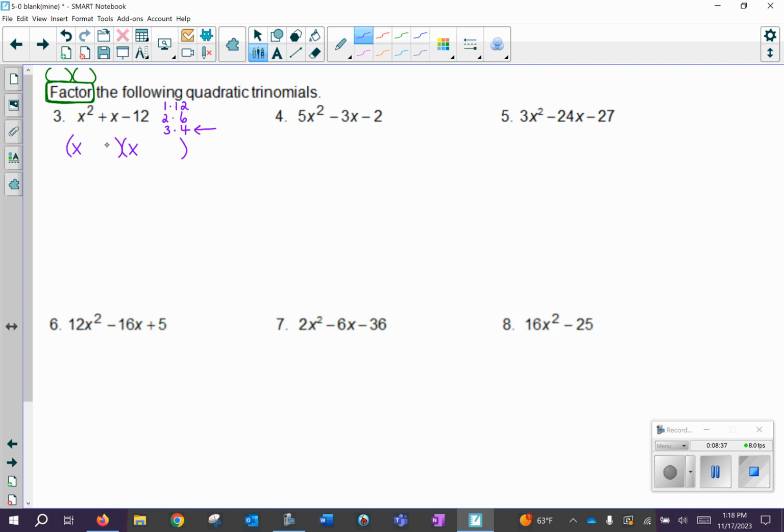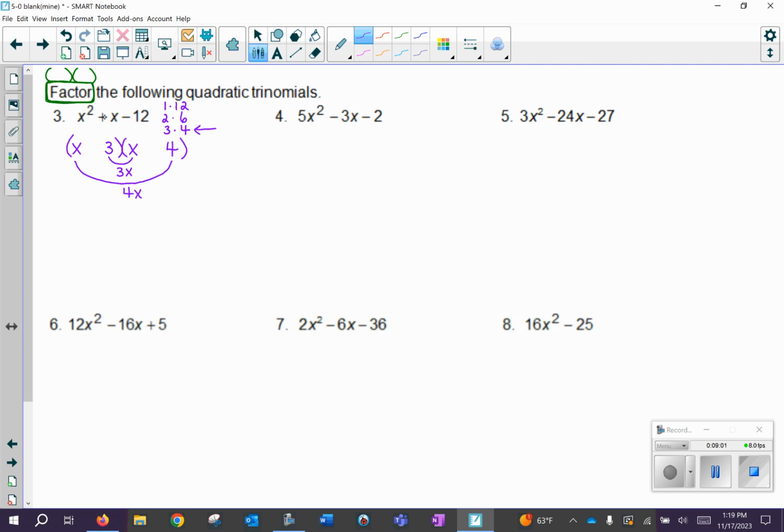It means, all right, I'm just going to randomly put 3 here and 4 here. And for me, I don't even think about the signs. I just think about the outer and the inner. If I multiplied these together, they would be 4x. If I multiply these together, they would be 3x. If I combine them to combine like terms, if I added them, I could get 7. If I subtracted those, I could get 1.